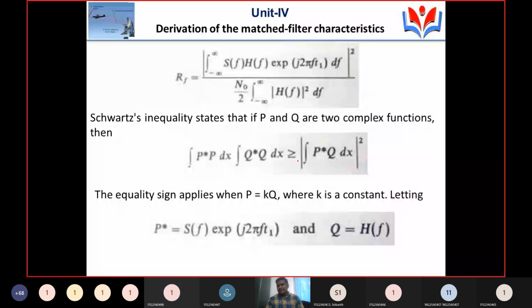If you compare this Schwarz inequality with the above equation, we will come to know what P is and what Q is.